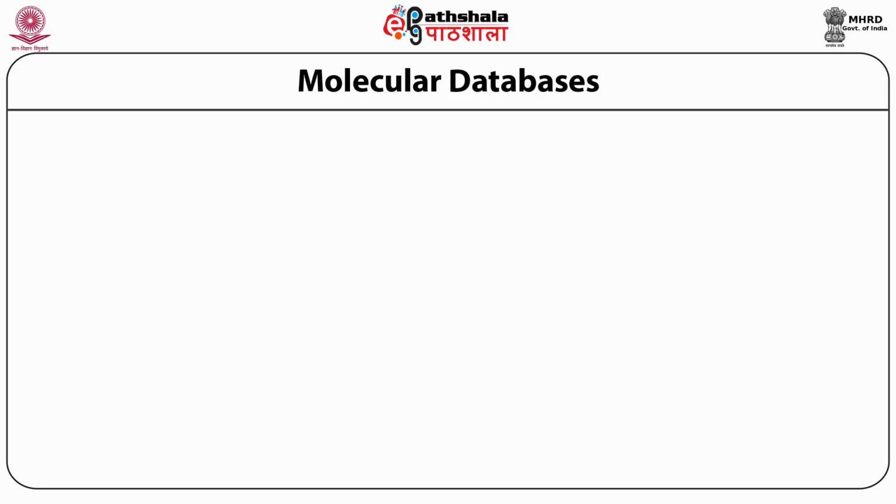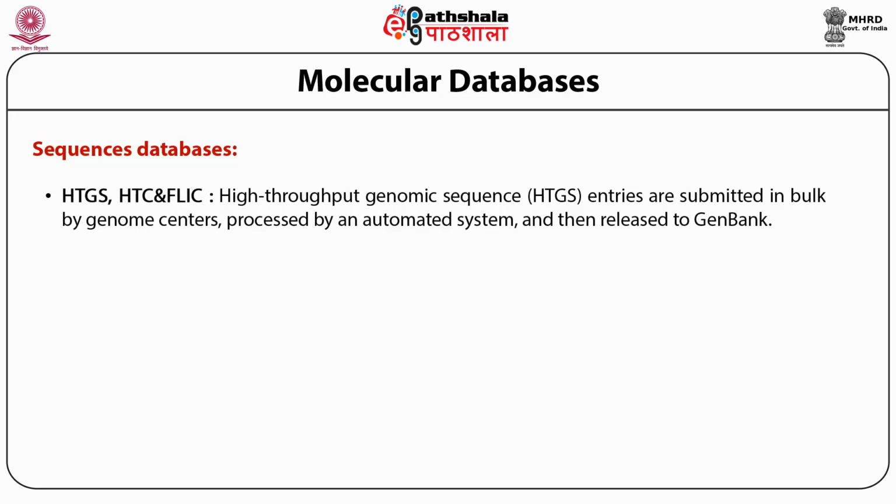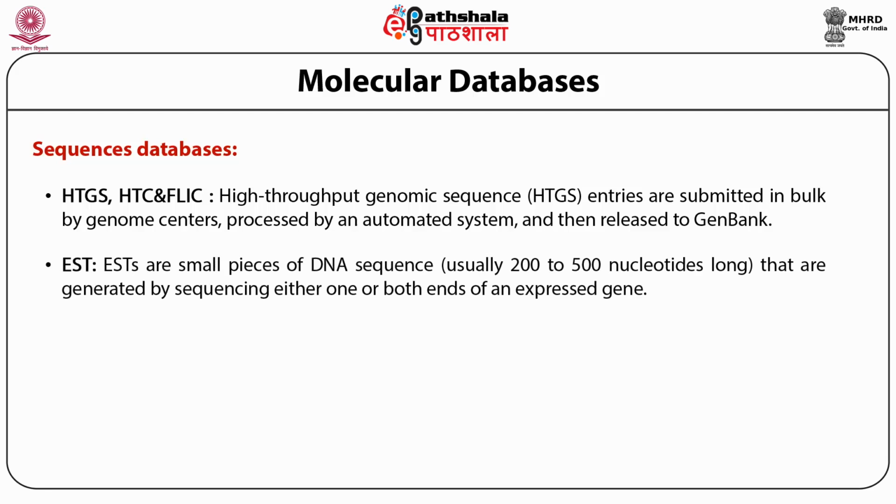We give the description of the different sequence databases such as HTGS, the high throughput genomic sequence entries that are submitted in bulk by genome centers, processed by an automated system, and then released to GenBank. Similarly, ESTs are small pieces of DNA sequence, usually 200 to 500 nucleotides long, that are generated by sequencing either one or both ends of an expressed gene.